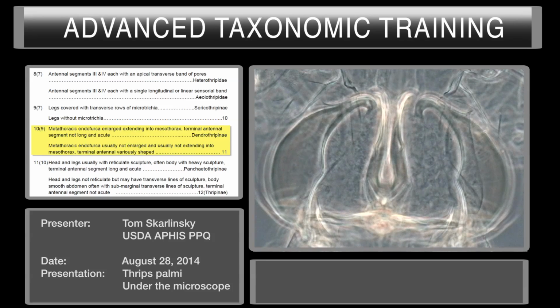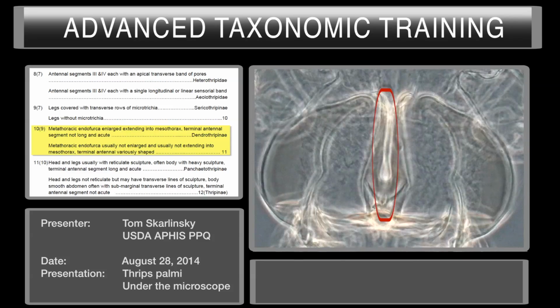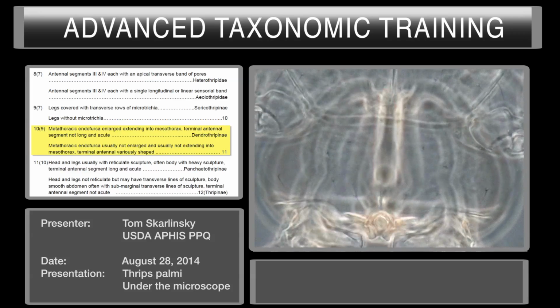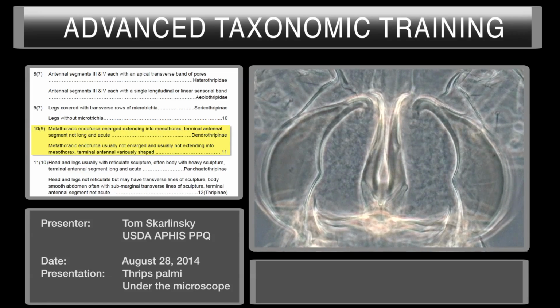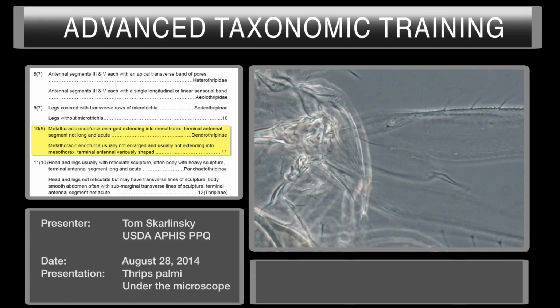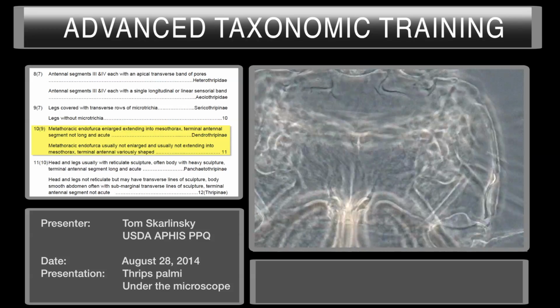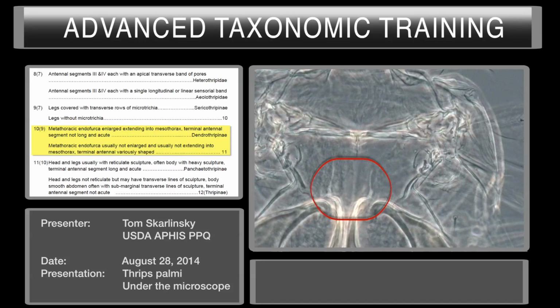Here's an example of the enlarged metathoracic endofurca. You can clearly see that we focus to the, this would be our mesonotal area here.